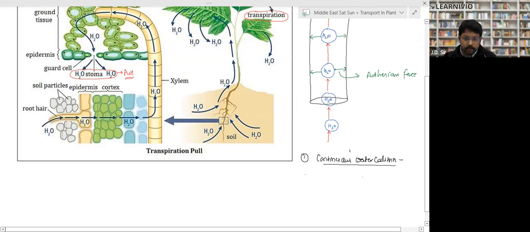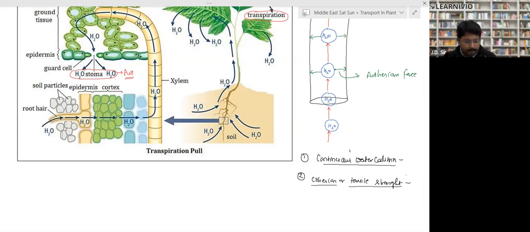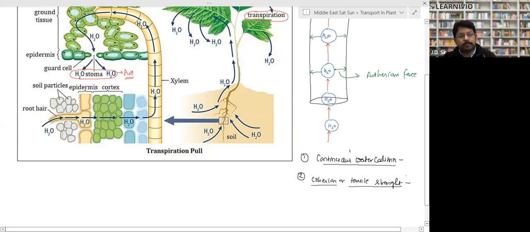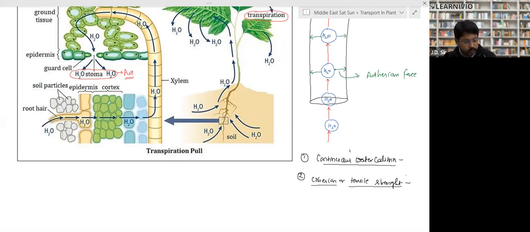Second subheading: cohesion or tensile strength. Water molecules remain attached to one another by strong mutual force of attraction.